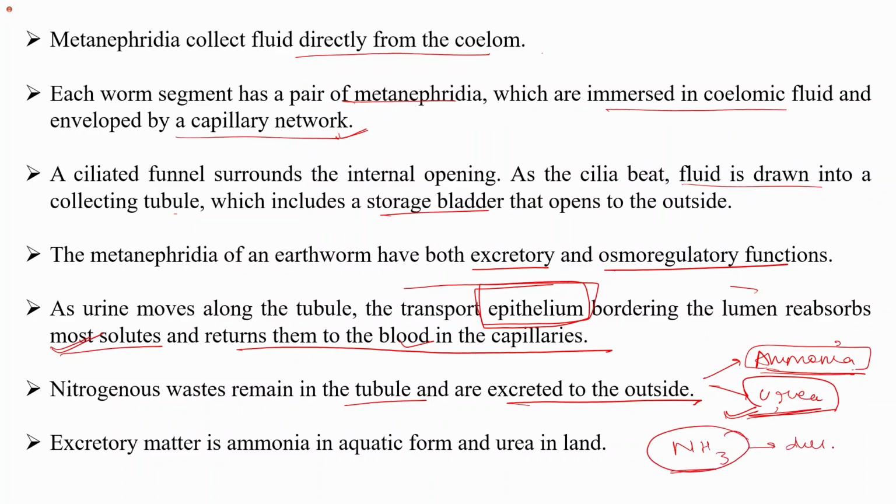So most aquatic animals may release ammonia, but for the ones living on land, ammonia may be toxic, and therefore their excretory material is less toxic, which is urea. This point might help you remember that ammonia is the excretory material in most aquatic forms, while urea is in the animals present on land.